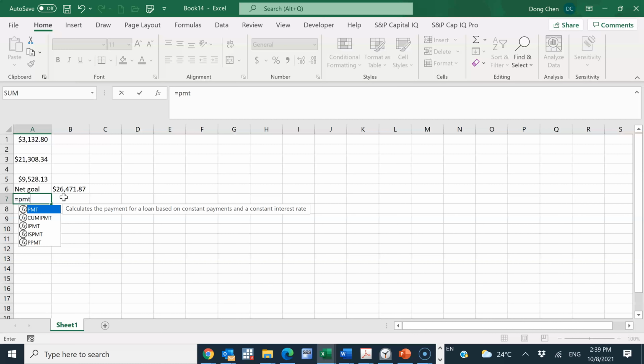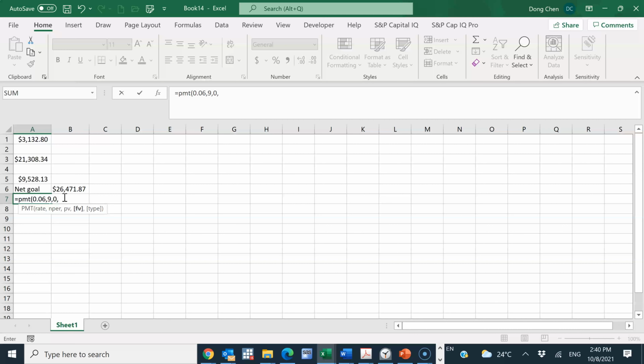So I'm using the payment function, equals PMT, and then open that. First, the argument is rate, which is the interest rate, 6%, and NPER, that's 9 again, because starting immediately, we're going to make the annual deposit for 9 years. And then PV, again, this is 0 because we don't have any immediate lump sum.